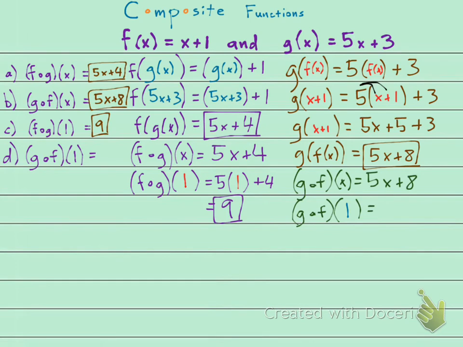That's going to be 5 times 1 plus 8. 5 times 1 is 5, 5 plus 8 is 13. And that's going to be my answer that goes right here. All right, there you go. Okay, I will label this part A, part B, this was part C, and this is part D.